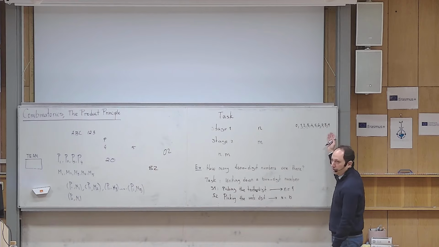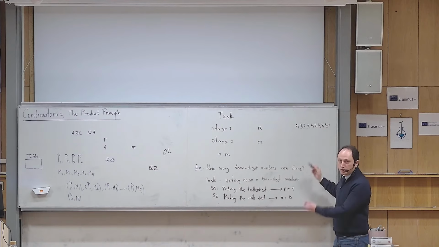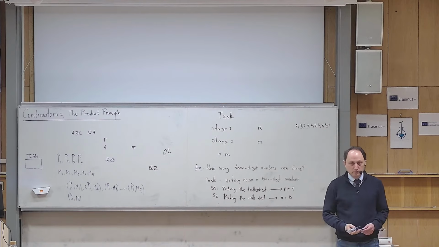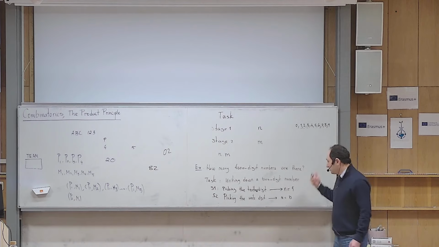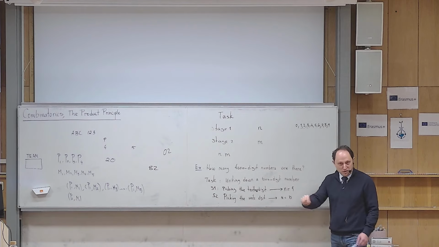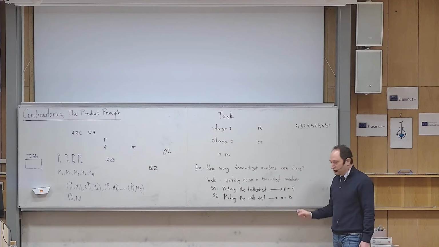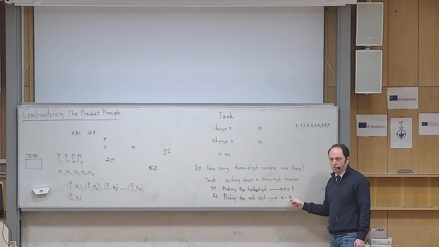How many options are available in front of me? 10. Let us say I didn't choose 1, I chose 4. For stage 2, again, how many options are available? 10. So you have to convince yourself, you don't need to explain and write things in the exam, that this number that you put here is independent of how stage 1 is done already.